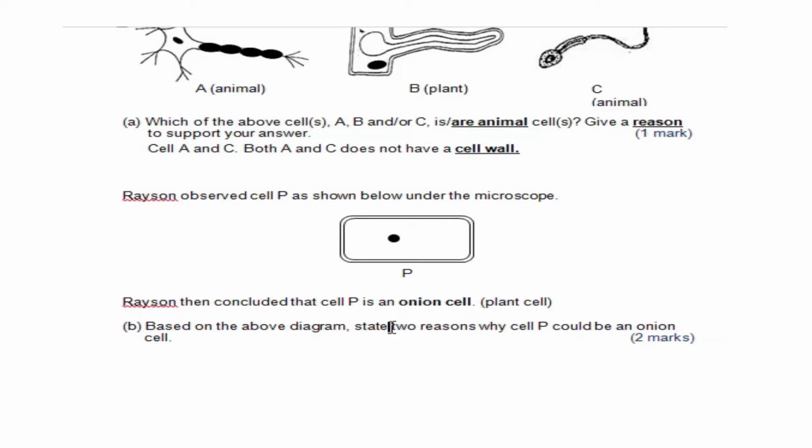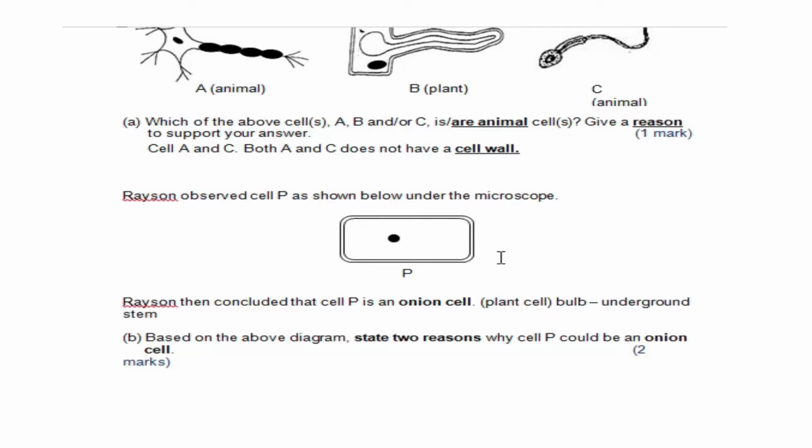However, now you need two reasons because some of you only gave me one reason why it could be an onion cell. I'm not asking you whether it could be a plant cell. I'm asking you whether it could be an onion cell. So onion cell, ask yourself, okay, onion is a plant cell, there's cell wall. What else? Onion is a type of bulb. If you don't know yet, a bulb means it is an underground stem.